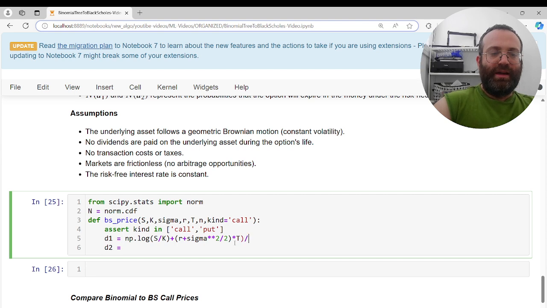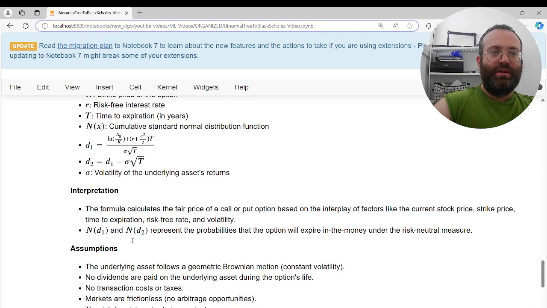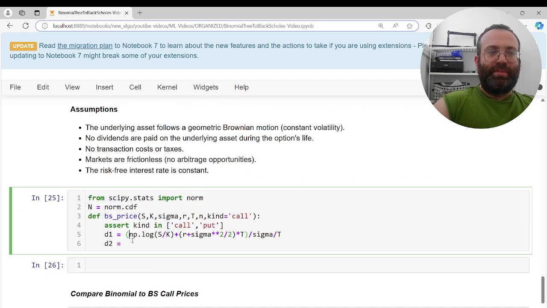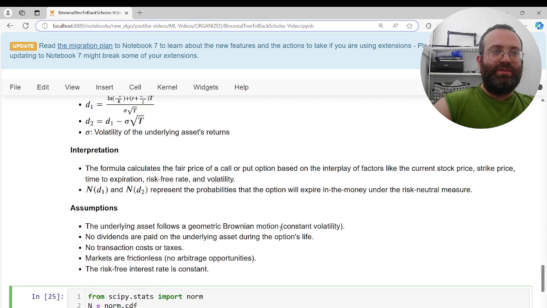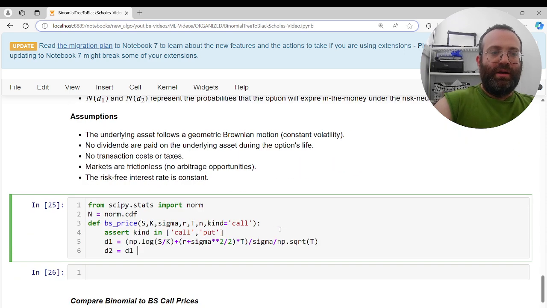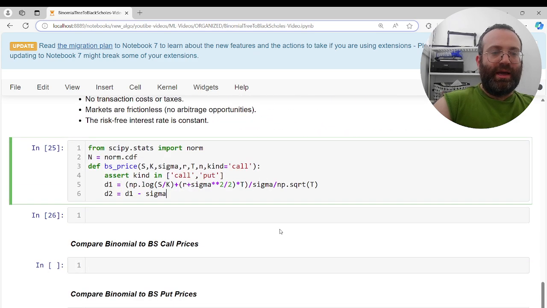And then divided by sigma times the square root of T, sorry, np.sqrt of T. I probably did it wrong. So d2 is going to be d1 minus sigma times np.sqrt of time to expiry T.